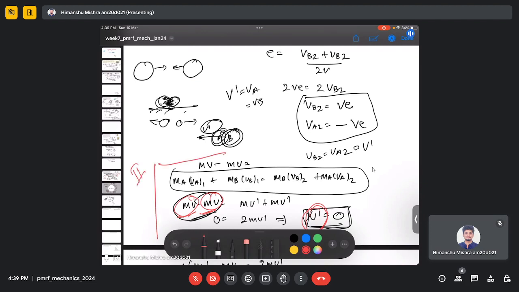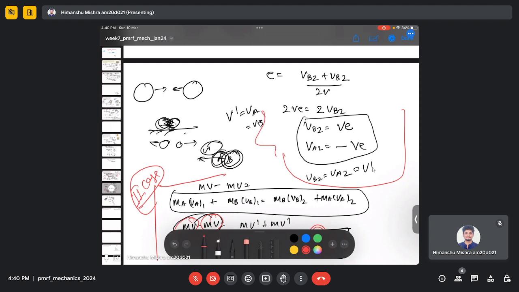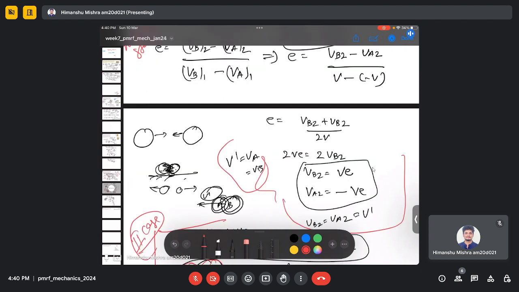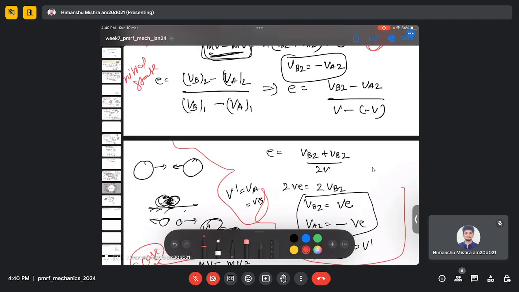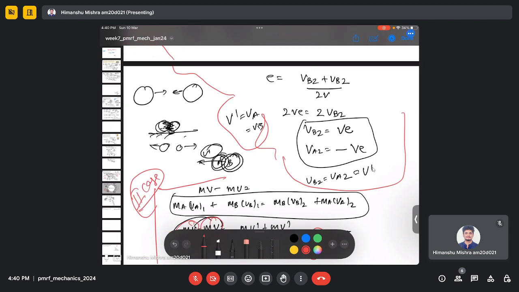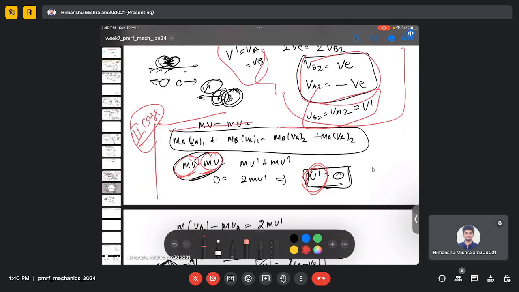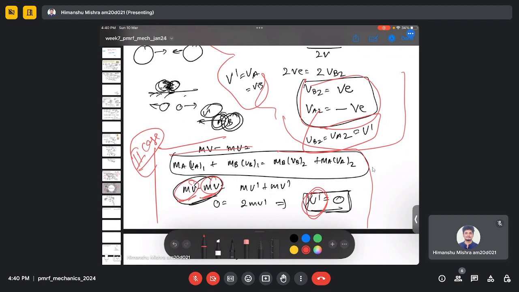The question actually contains two parts. This is for the second case, when there is a deformation, but the previous part is without deformation. This is a separate part of the question. So these velocities are for the case without deformation, and this is when there is a deformation present. So these two are different problems.